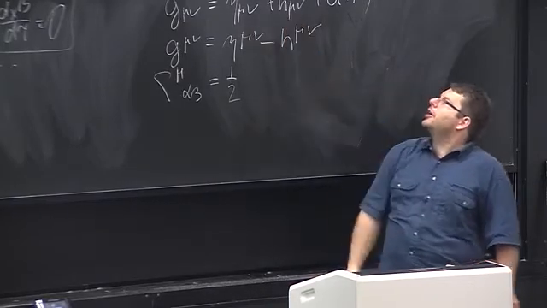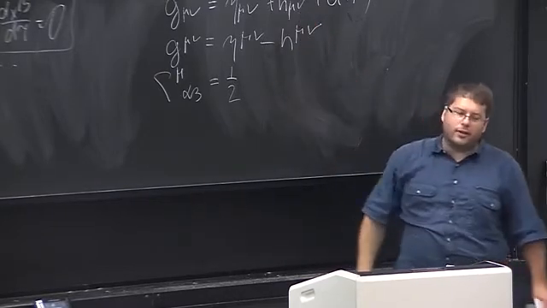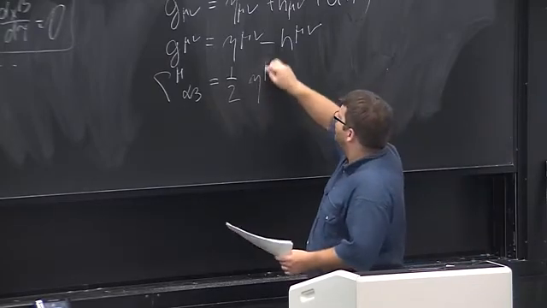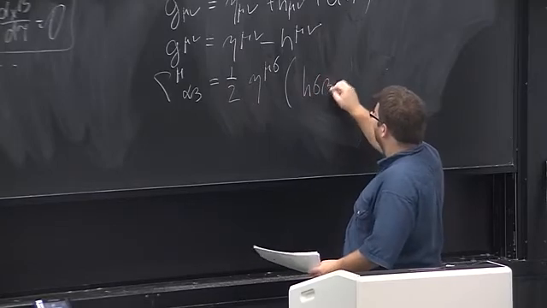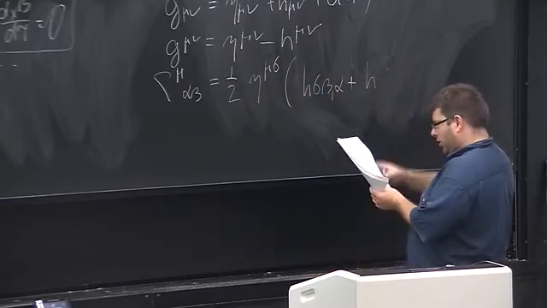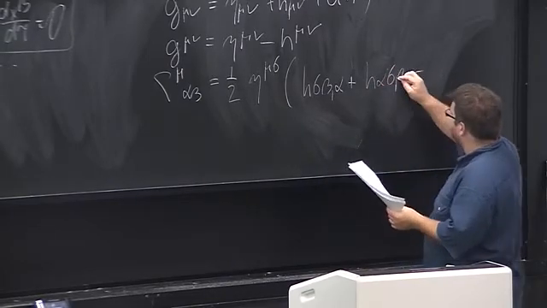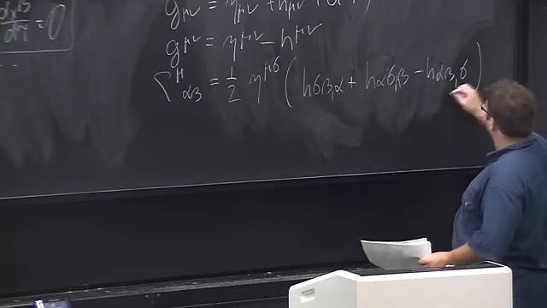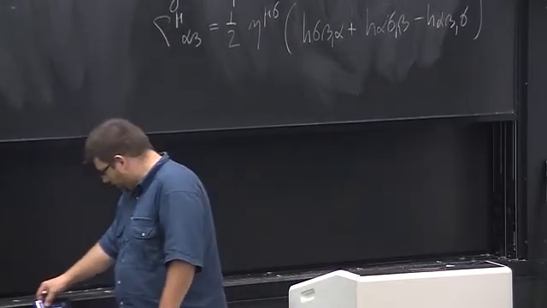The only thing I can differentiate is h, and so that's already linear in h. So I can put a flat metric here, eta mu sigma, and then h sigma beta alpha plus h alpha sigma beta minus h alpha beta sigma. That's what your Christoffel symbol is.